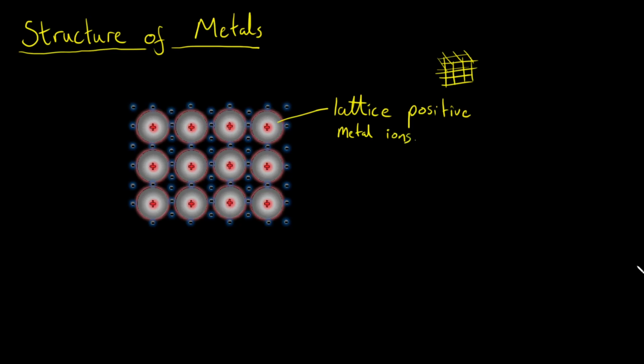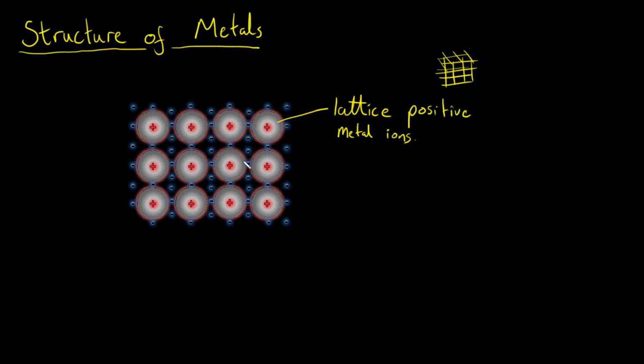Now, to form that positive metal ion, the metal atom has to lose an electron or electrons. So where are those electrons going to go? Well, here they are. Those electrons, once they've been lost from the atom, are free to move. They can travel wherever they want throughout this giant metal lattice. They've been effectively orphaned and they just roam around the streets of this metal lattice quite freely.